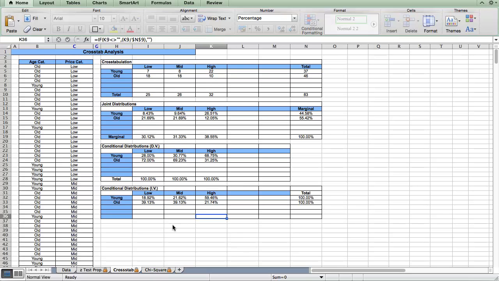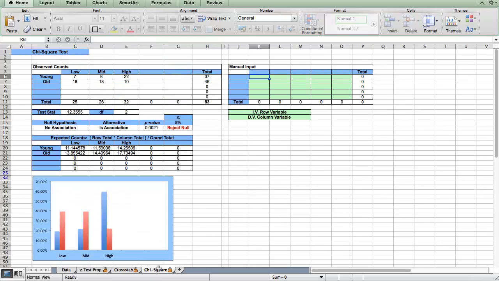For example, our chi-square test of independence is the test that we run with crosstabs. And a p-value, like any other p-value, here we can compare to alpha. A p-value of 0.0021 is quite a bit less than 5%.